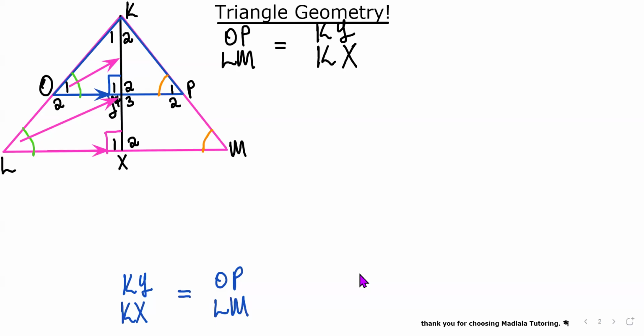And LM, yes, it's the one opposite that in the bigger triangle. Going to O1 again, KY in the smaller one, KX in the bigger one. Okay. No, I didn't do anything wrong, so that's just it. I didn't think it was this straightforward. I wasn't expecting it.